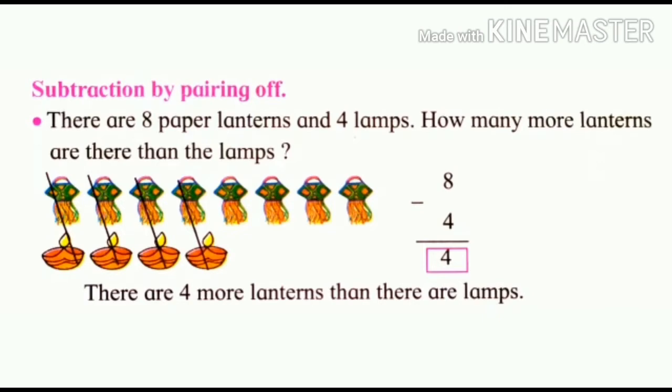So we have 4 pairs. Now tell me how many lanterns are left? 1, 2, 3, 4. Very good. So our answer will be there are 4 more lanterns than there are lamps.